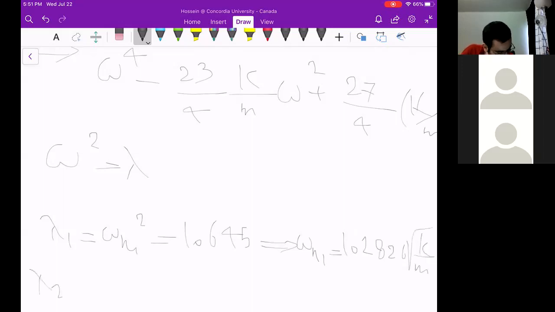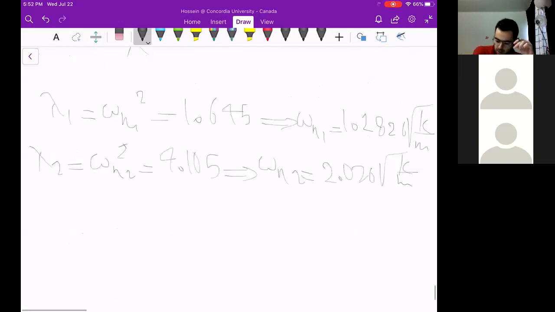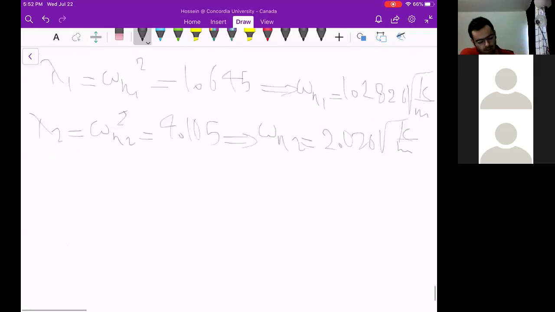Lambda 2 is omega n2 squared, which is going to be 4.105. Therefore, the second natural frequency would be the square root of this number, which is going to be 2.026 square root of k over m. So we are done with the two natural frequencies.